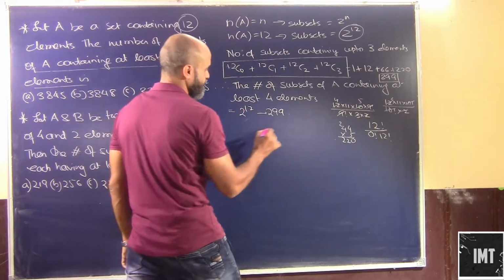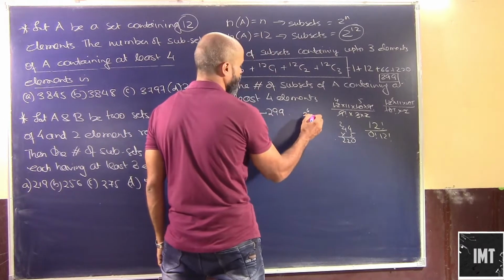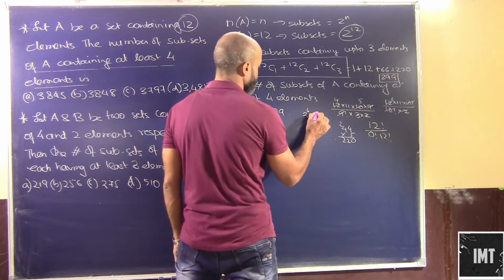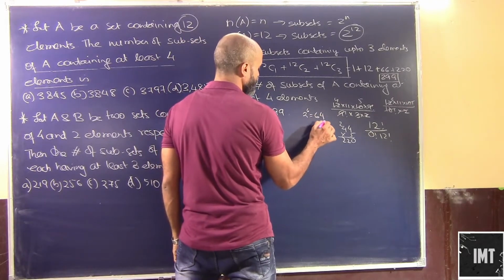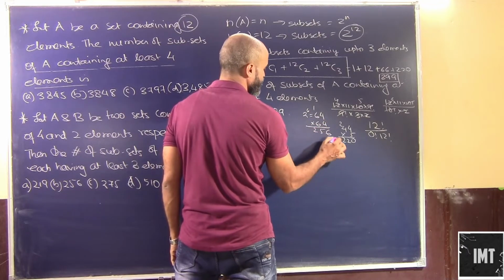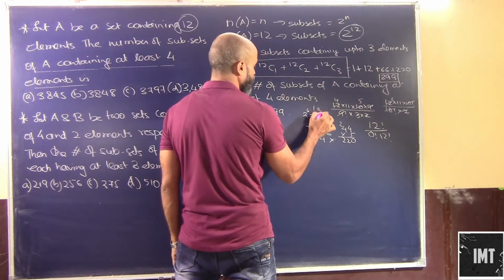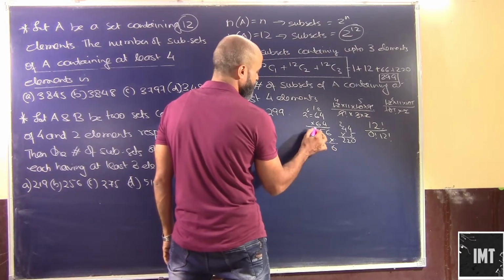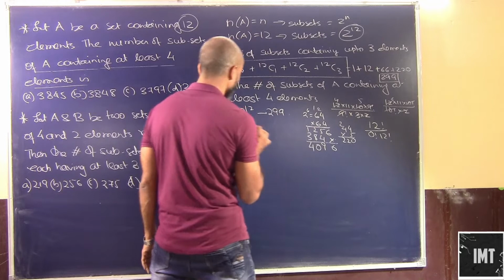And that's exactly how much? 2 to the power of 6 we know is 64, and 64 into 64 is 4096.